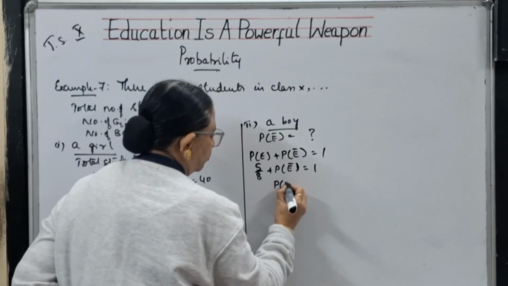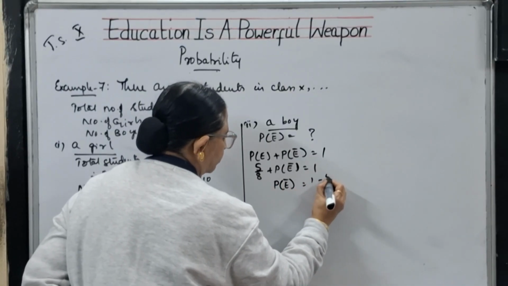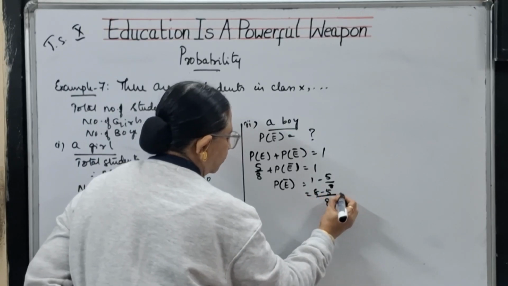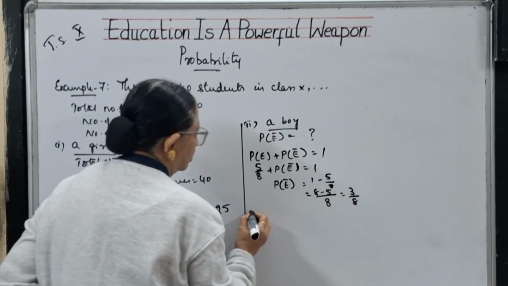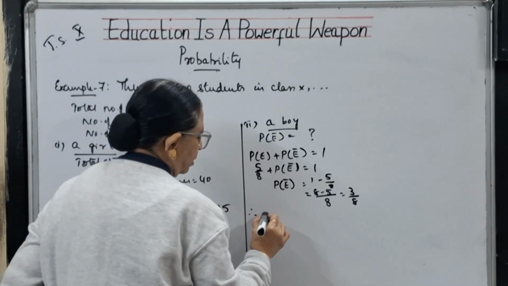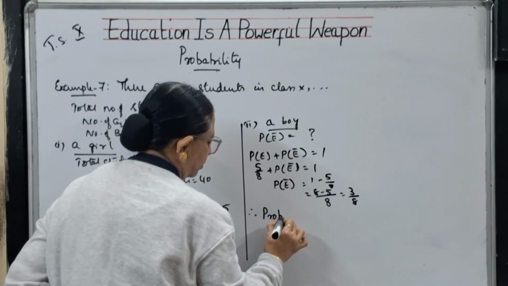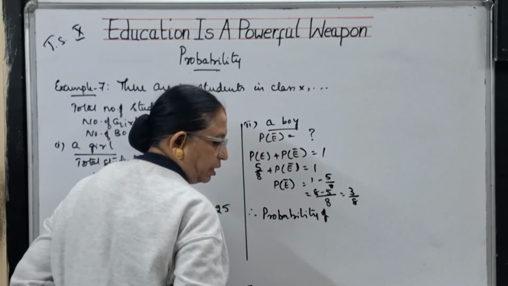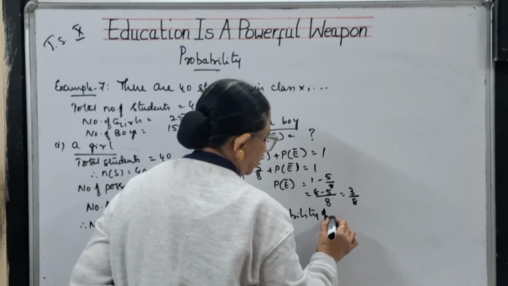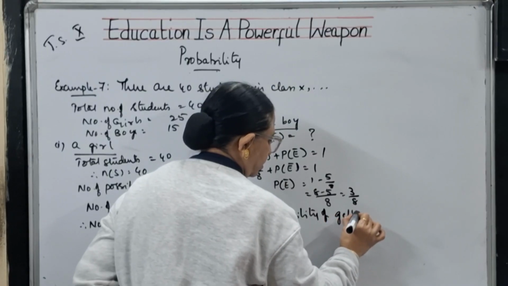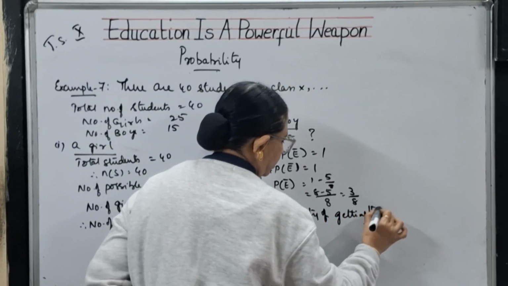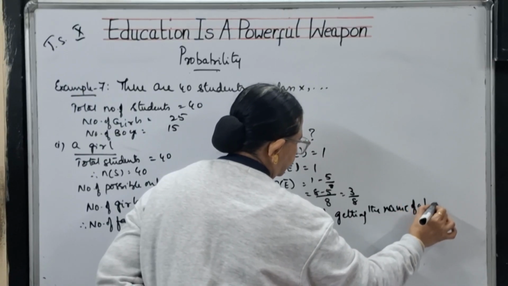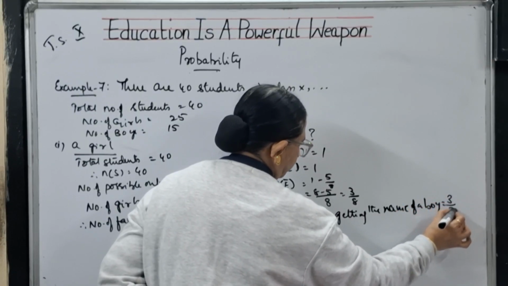So, what is P of E dash? 1 minus 5 by 8. That is 8 minus 5, that is 3 by 8. Therefore, probability of getting the name of a boy is equal to 3 by 8.